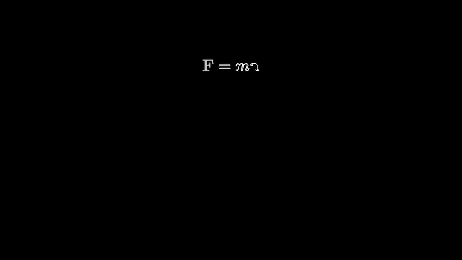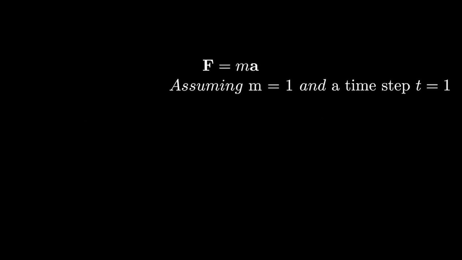Finally, let's apply Newton's second law. F equals m times a, where m is mass and a is acceleration. If we assume a mass of 1 and a time step of 1 for simplicity, then the force is equal to the change in velocity. This allows us to update the velocities of our points.